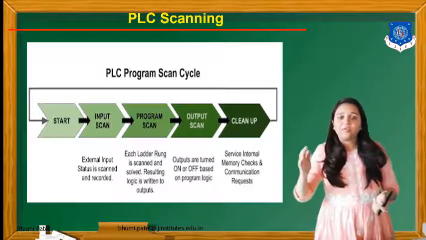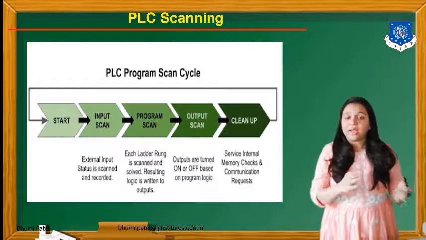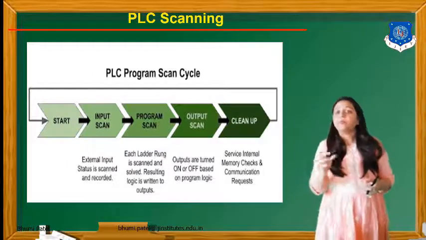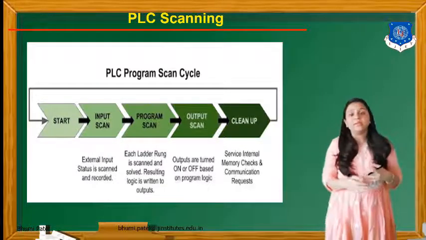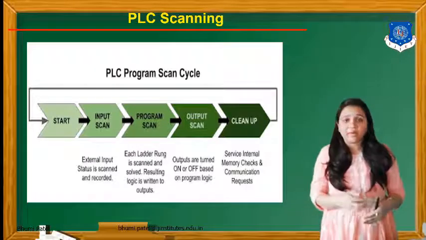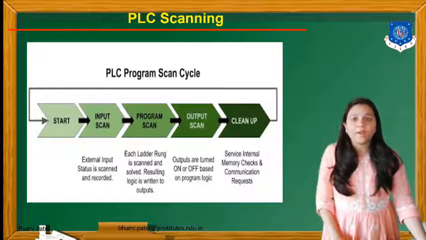So this is the flow diagram of the PLC program scan cycle. After that, in the cleanup, several internal memory checks are done, and if any other communication is required, it goes through the cleanup process. So this is the block diagram of PLC scanning.